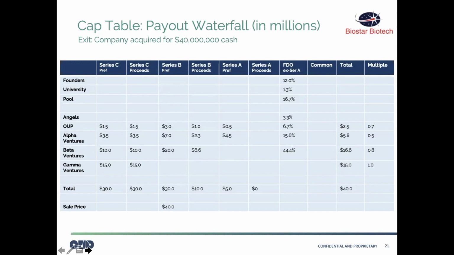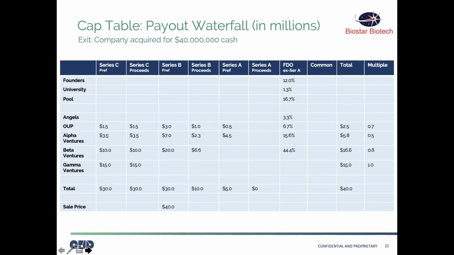So then you go to a fully diluted ownership after Series A, and you see the founders, the university, the pool, all those ownership percentages are irrelevant because there's no money left to pay them. And the angel in this case gets nothing because he had purchased common shares.